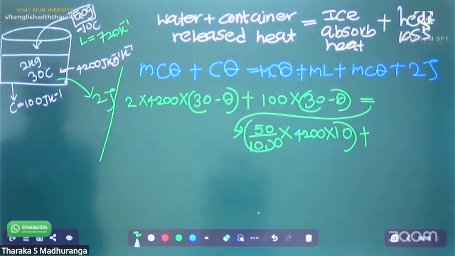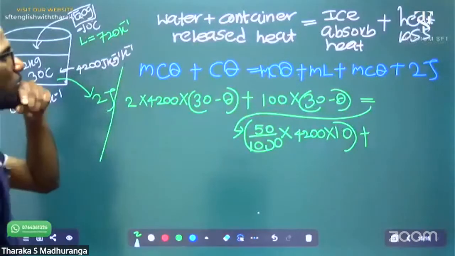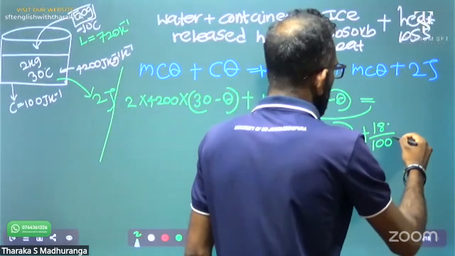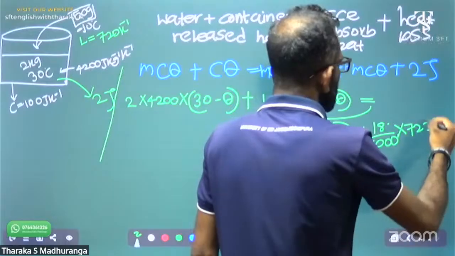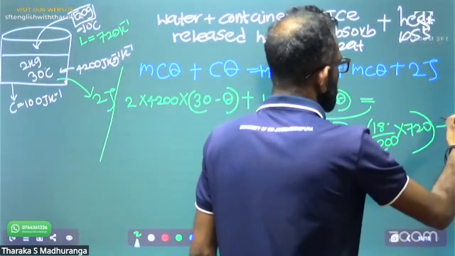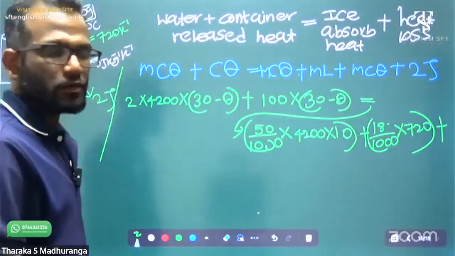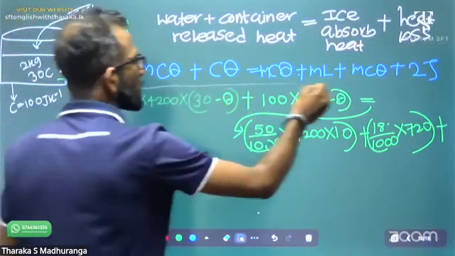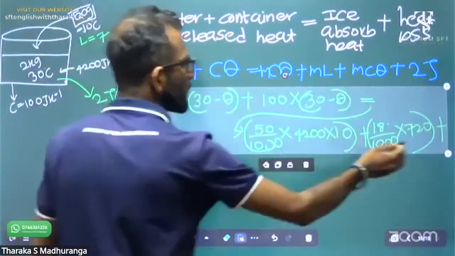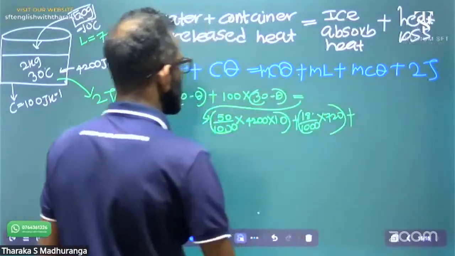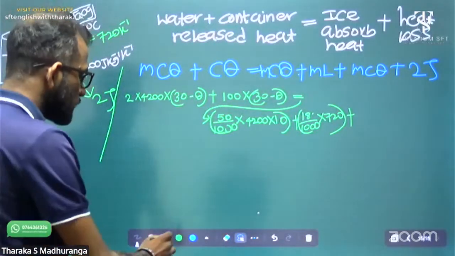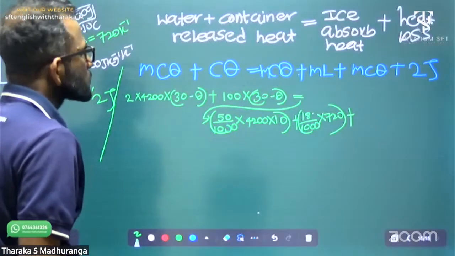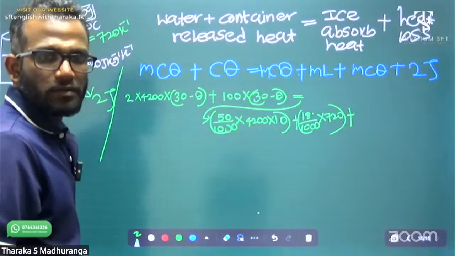ml, the L value is given. 18 over 1000, L value 720, plus MC theta.